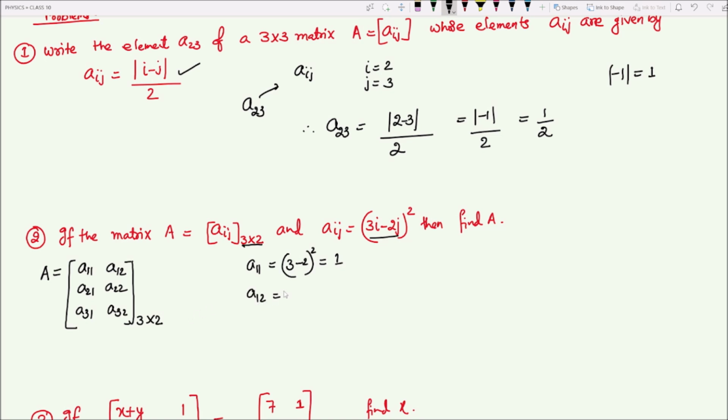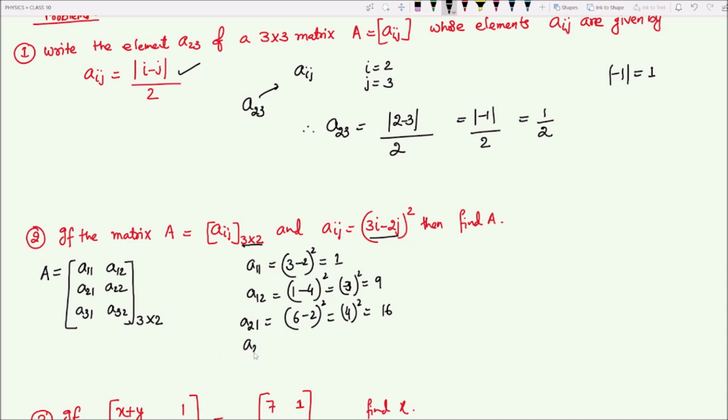A12 is (3 minus 4) squared, that means minus 1 squared, that is 1. A21 is (6 minus 2) squared, that is 4 squared, equal to 16.